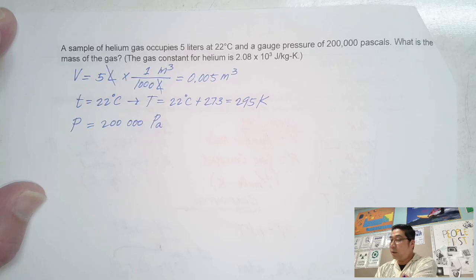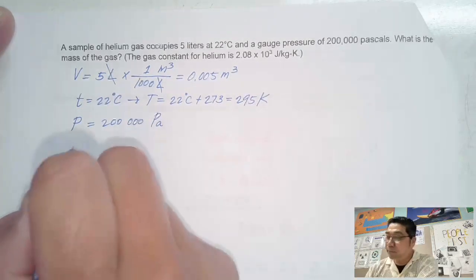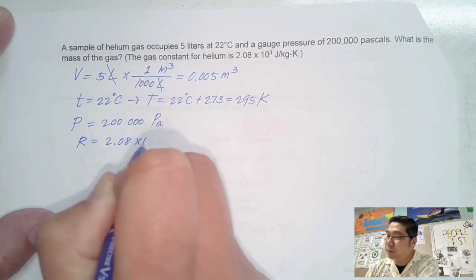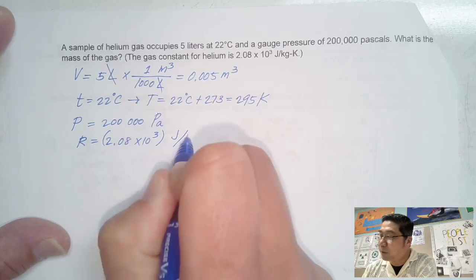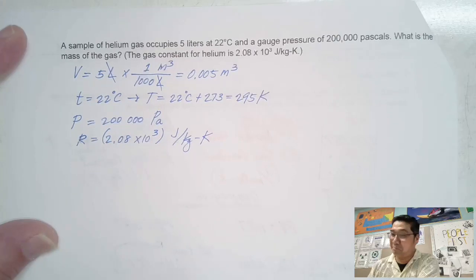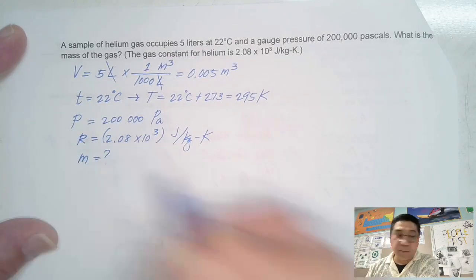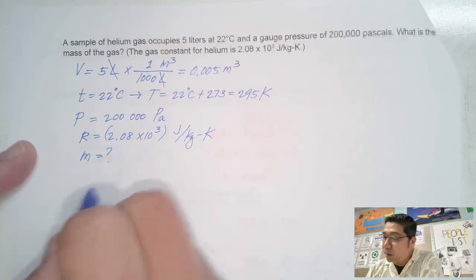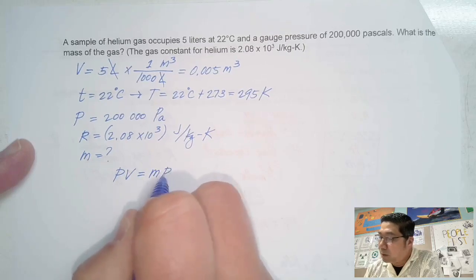What other information do we know? What's the value of R? 2.08 times 10 to the third power, and the unit is joules per kilogram Kelvin. And what are we solving for? We're solving for mass, which we don't know. The equation that we know is PV equals mRT.